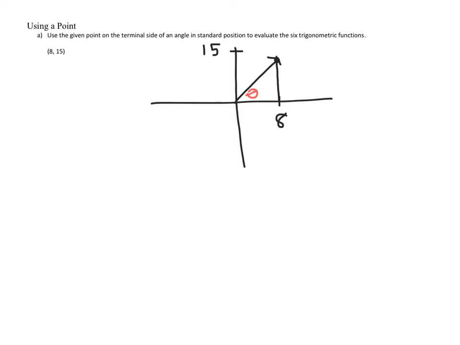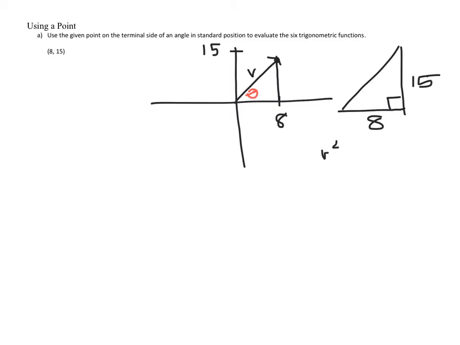And note that if I draw my triangle here with all the measurements, this is 8, this is 15, and then I can use the Pythagorean Theorem to find the missing side. Let me call this r.